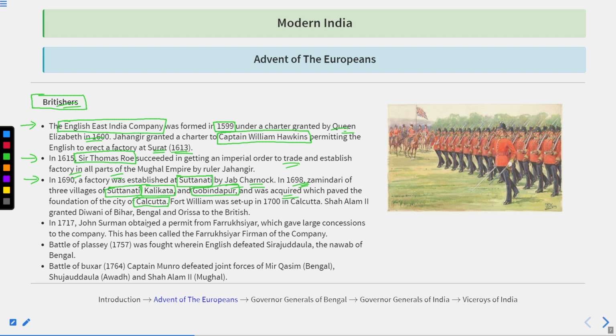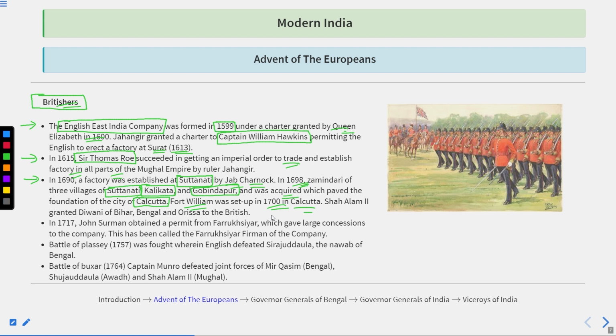Before Delhi, that was the capital of India. So we can say the city of Kolkata was basically founded by the Britishers by merging the three villages, Sutanuti, Kalikata, and Govindapur. Thereafter, in 1700, Fort William was set up in Kolkata.